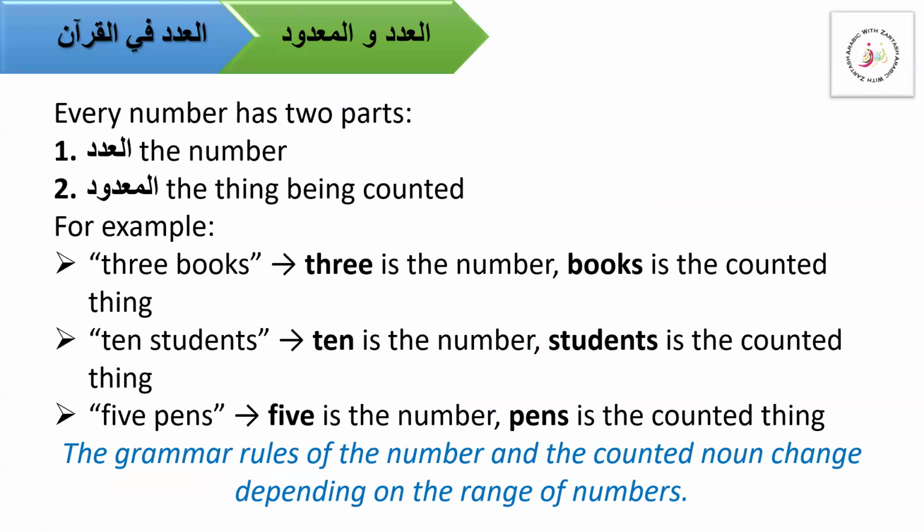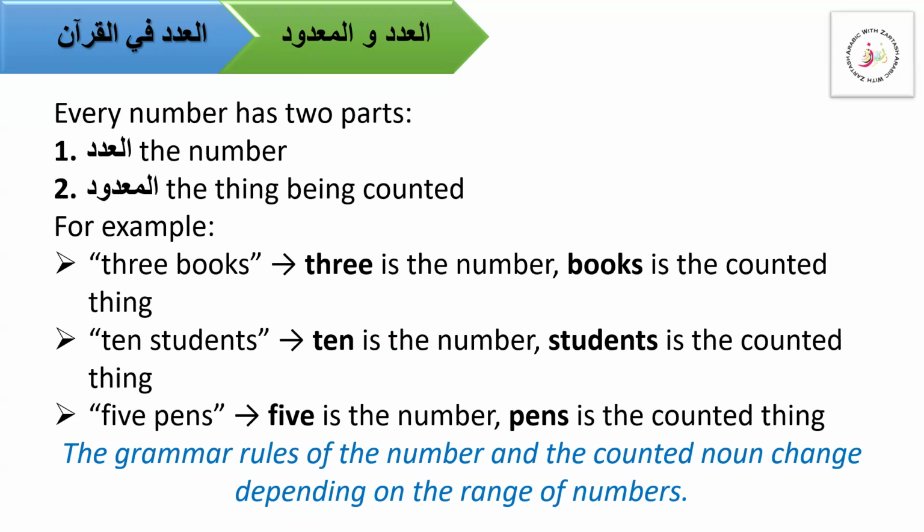Keeping this difference in mind is very important because Arabic also has these two categories. Just as in English, Arabic numbers are not all used in the same way. Some numbers count quantities, while others show order and rank.